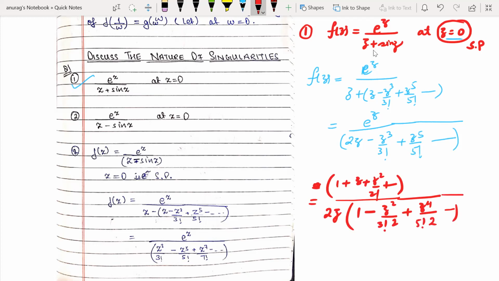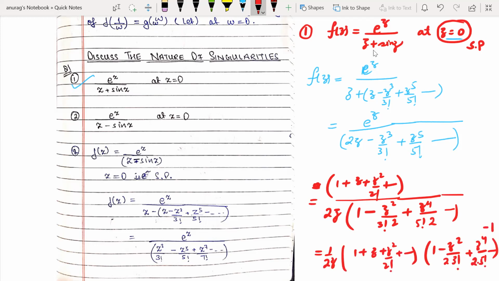Are you getting my point? If we take 2z outside, no problem. So 1 over 2z, 1 plus z square by factorial 2 plus so on, into 1 minus z square by 2 into 3 factorial plus z to the power 4 upon 2 into 5 factorial and so on, to the power minus 1.